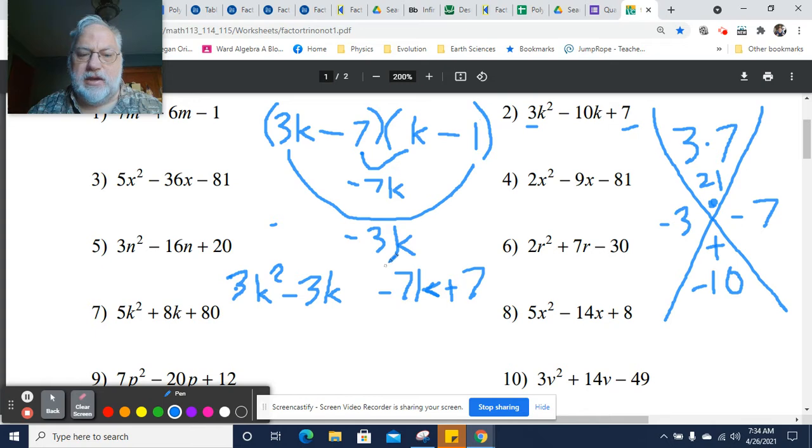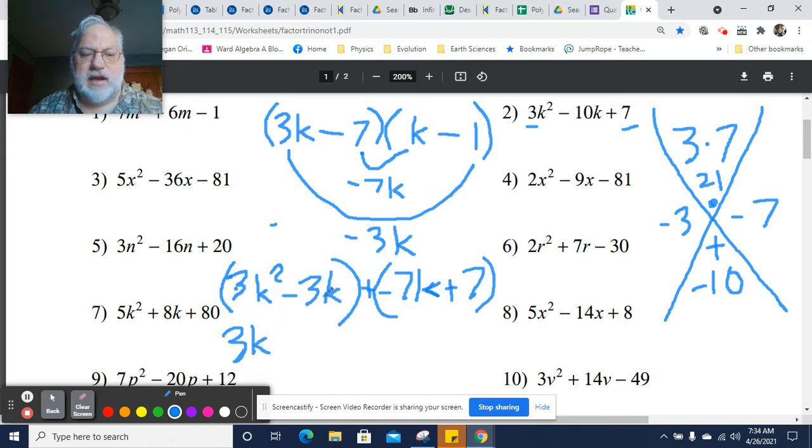Now I'm going to go ahead and group this here and here. And since I kept the negative inside, there's a plus here. And so what I need to do is factor out the greatest common factor of these two terms, which is going to be 3k.